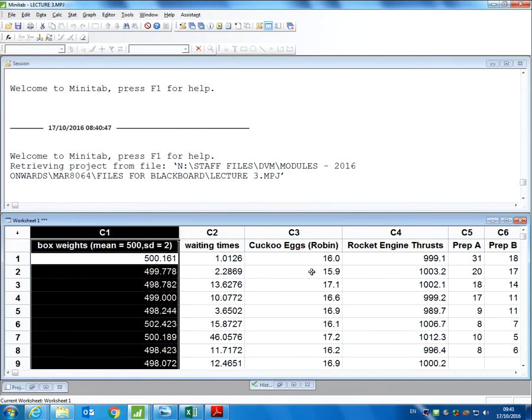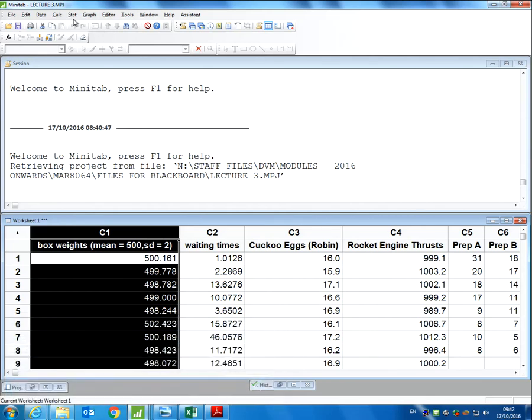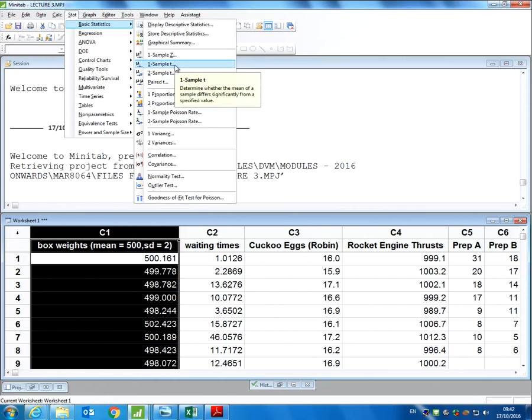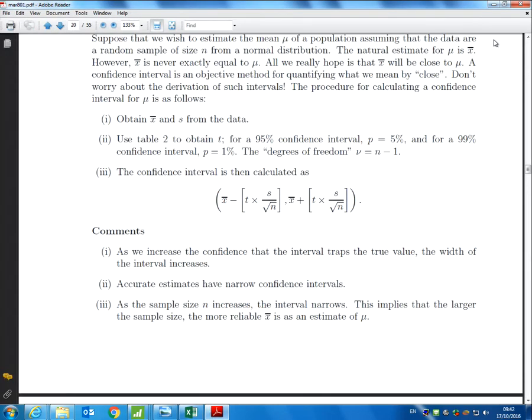So the command that you're going to be using in the computer practical for your confidence interval, because you won't do this by hand, Minitab would be using this equation here.